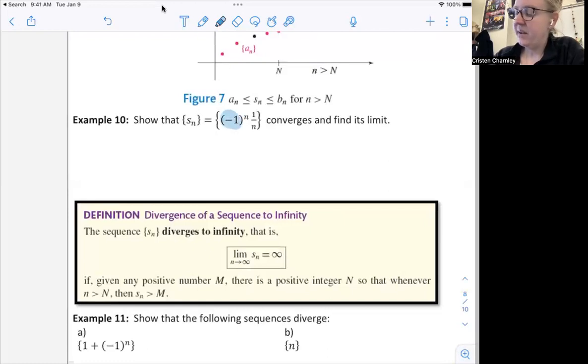We have a shortcut for that, we're just not ready to talk about it yet. So I know that the absolute value of (-1) to the n times 1 over n is always going to be less than or equal to 1.